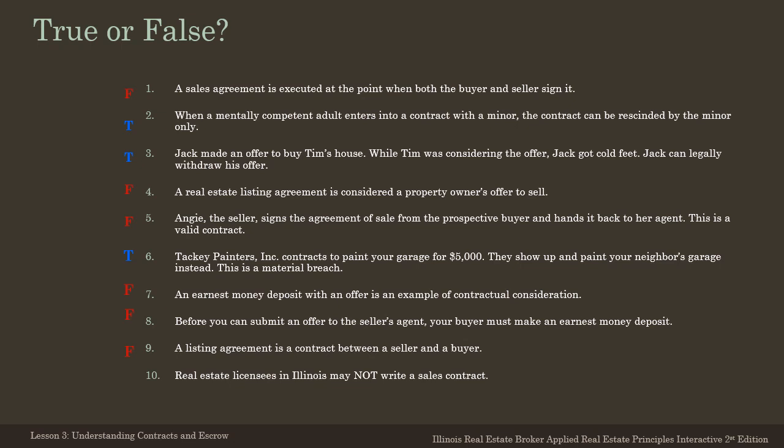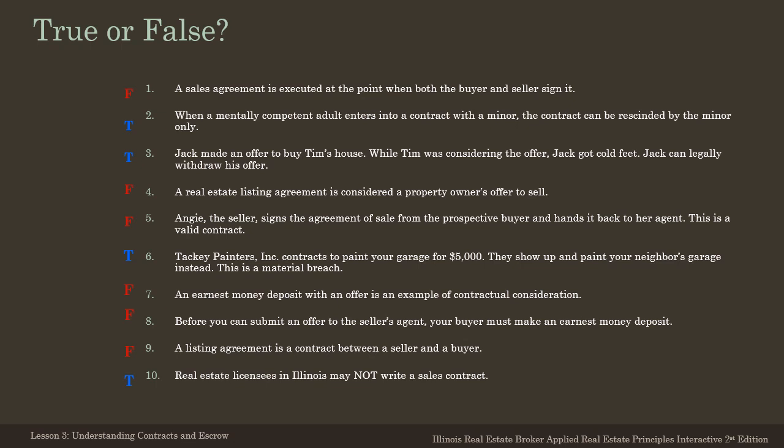Ten. Real estate licensees in Illinois may not require a purchase contract. What we're talking about here is that they can't write the contents of a sales agreement. What they can do is take a pre-printed sales agreement and fill in the blanks, but they can't write a contract.